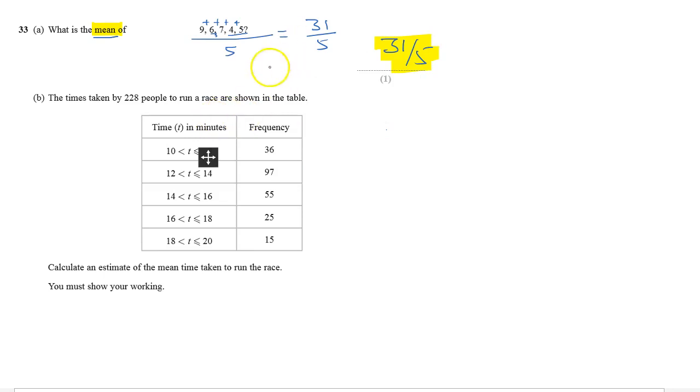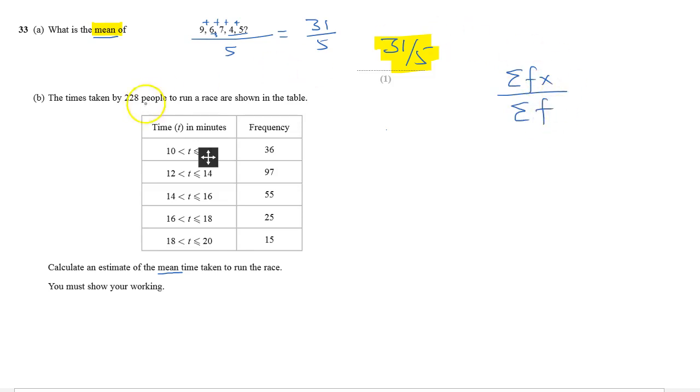Part 2 is estimate of the mean. Now you also have to find the mean. When it is a group table, group means no exact number is given, the range of the numbers is given. So you have to find sigma fx over sigma f.